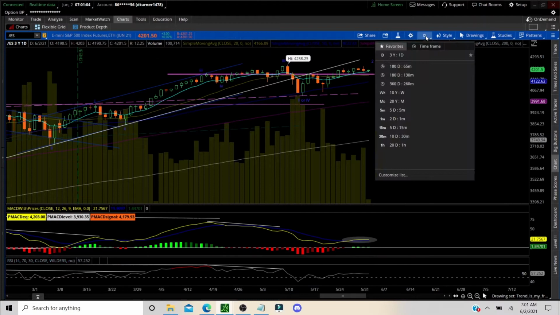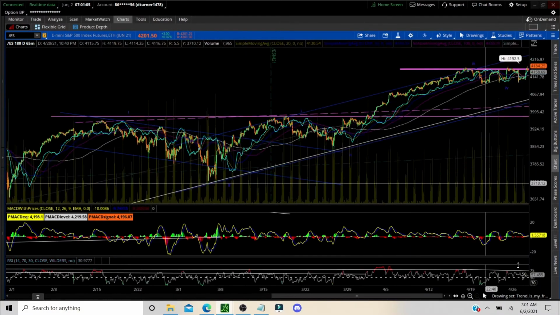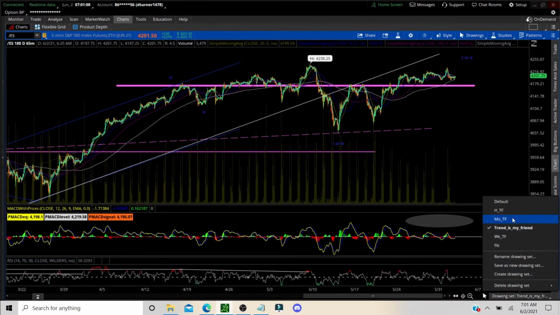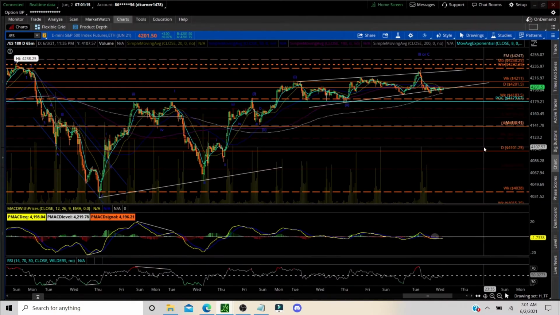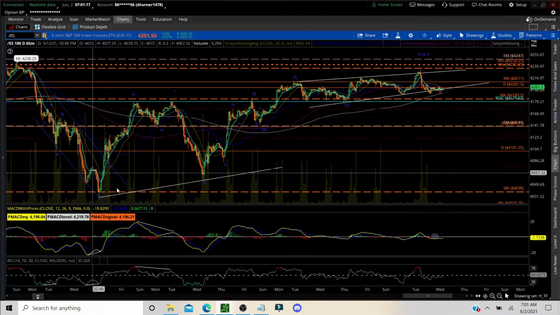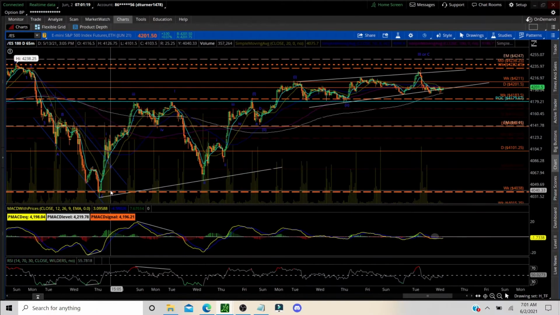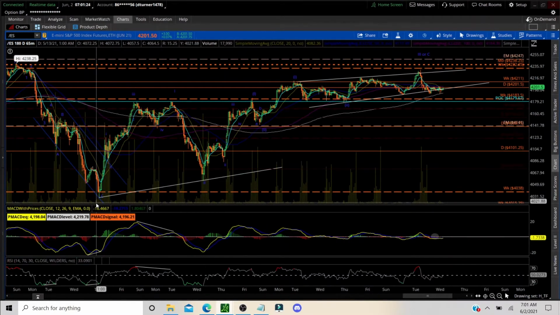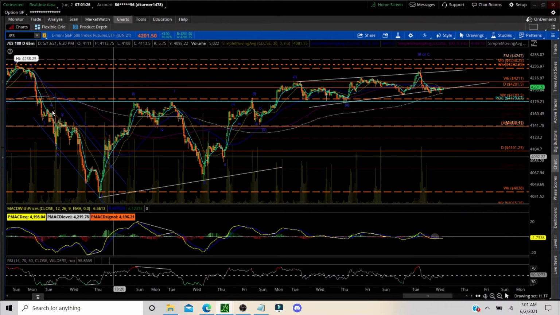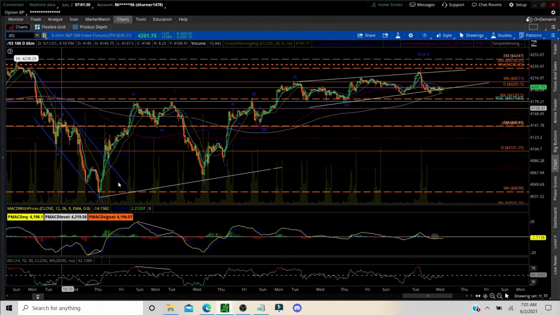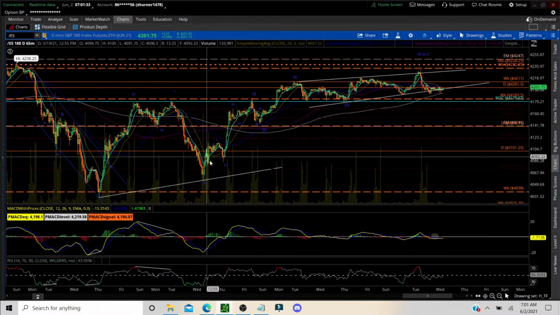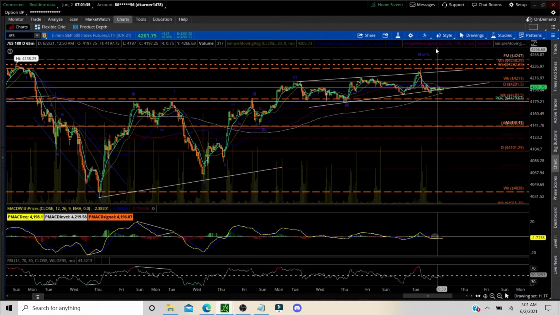All right, so let's get down to the nitty gritty. We use the 65-minute candle, so we have even candles throughout the trading day. Let's get in there a little bit tighter. Okay, so we had our ABC correction here. Is that a wave 1 or a wave 4? We don't know yet. If this is our wave 4, then we have our 1, 2, and working on wave 3 right now.